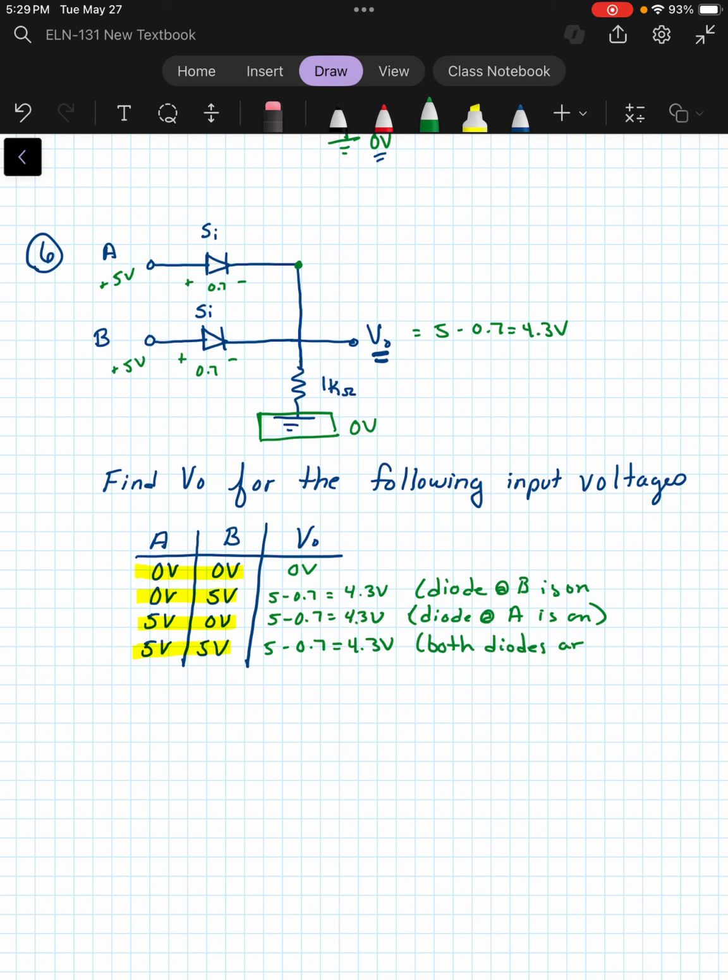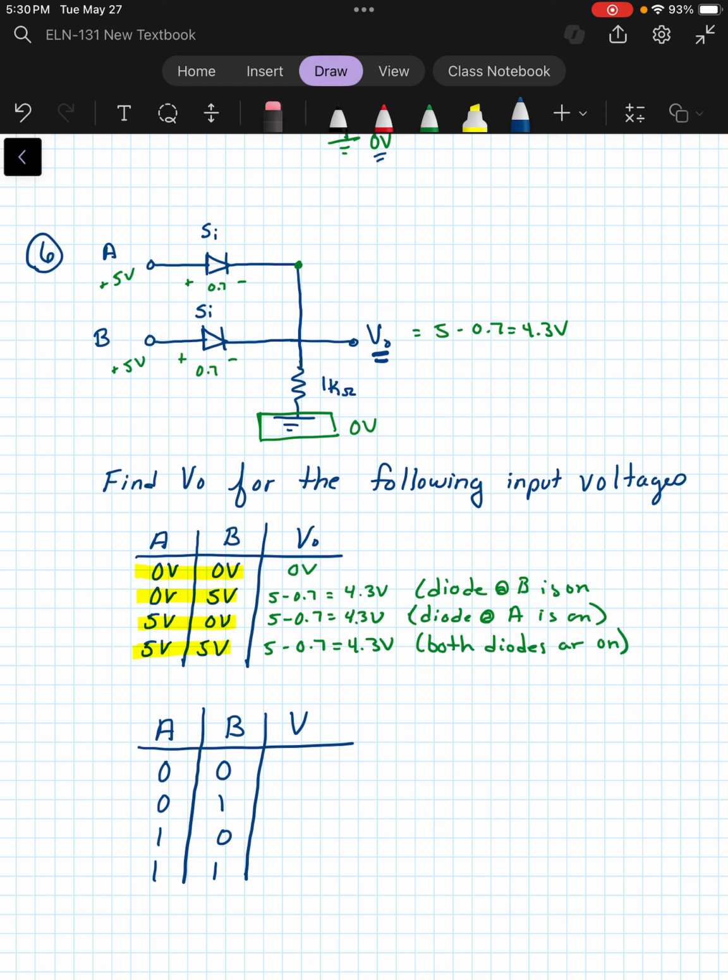Now, you might have seen something that looked a little bit like this before, and I want to call your attention to it. When you have two inputs and an output where both can be off, one can be on and one can be off, or both can be on.